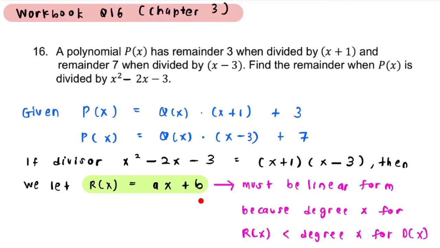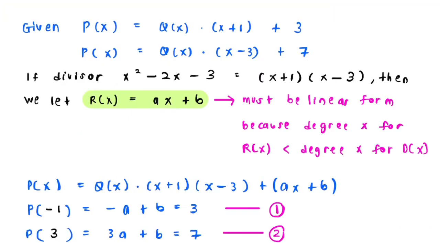So we just let it be linear, ax plus b. Alright, so if you write in the algorithm just now, you have p(x) equal to quotient unknown times divisor (x plus 1)(x minus 3) plus the remainder, which is the linear equation ax plus b. So right now we have to find the constants a and b here.